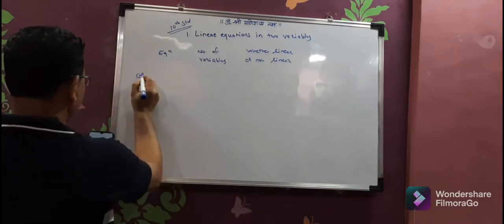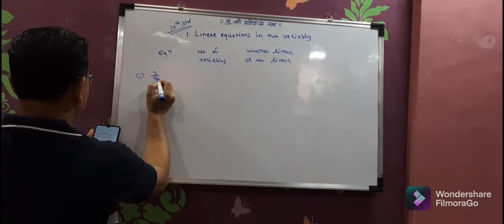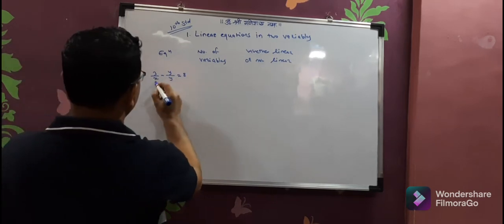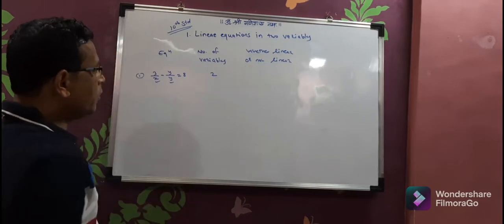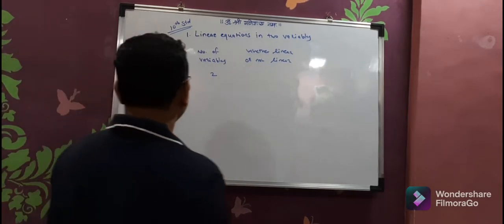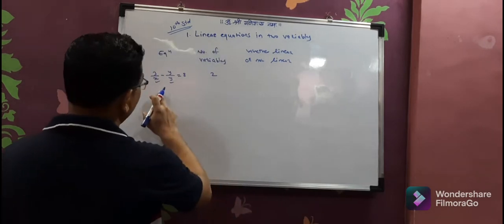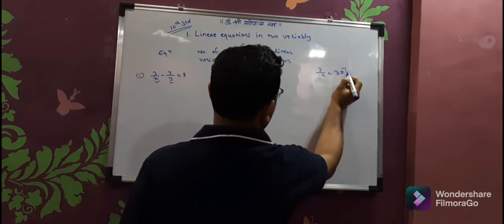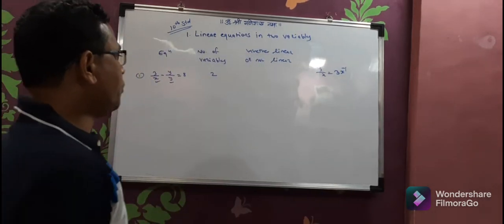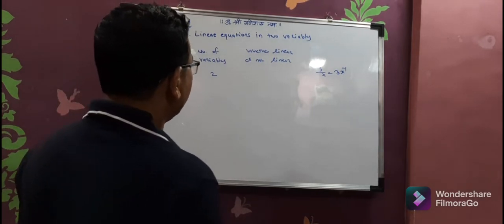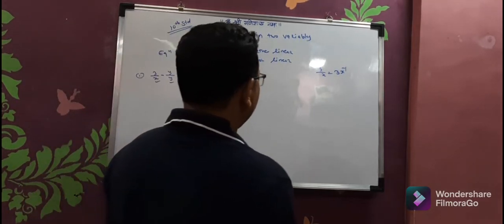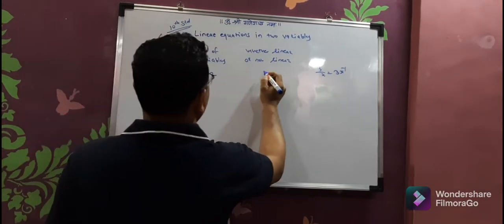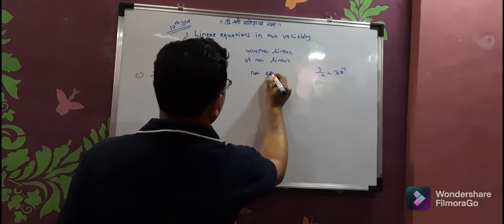The first equation they have given is 3 upon x minus 4 upon y is equal to 8. The number of variables is 2. But is this linear or non-linear? This is a non-linear equation, because, as I told you, 3 upon x is nothing but 3x raised to minus 1. A linear equation will be there if the power of degree is 1. Here it is not linear.